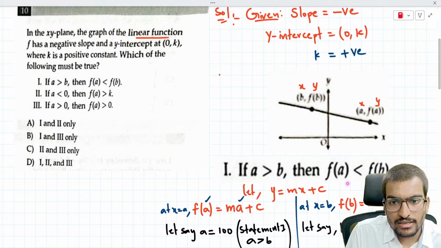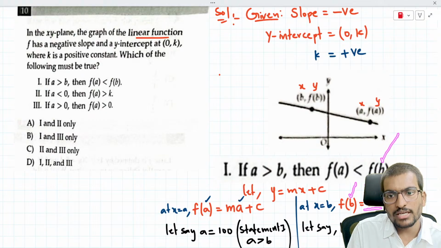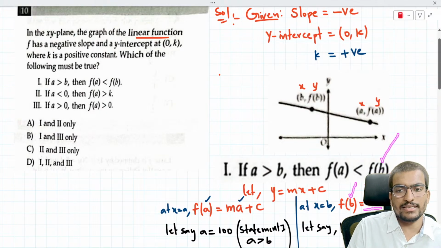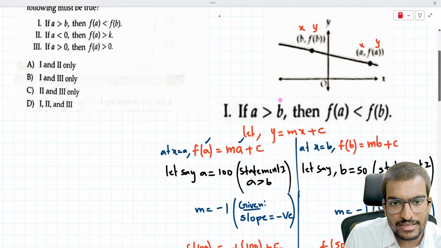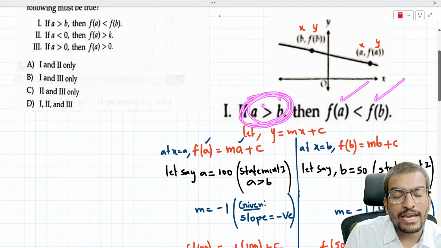So f of a equals, in the place of x we are taking a, so ma plus c. For f of b, in the place of x we are taking b, so it is mb plus c. I wrote these two equations, and for these two line equations, the a and b values are like this.